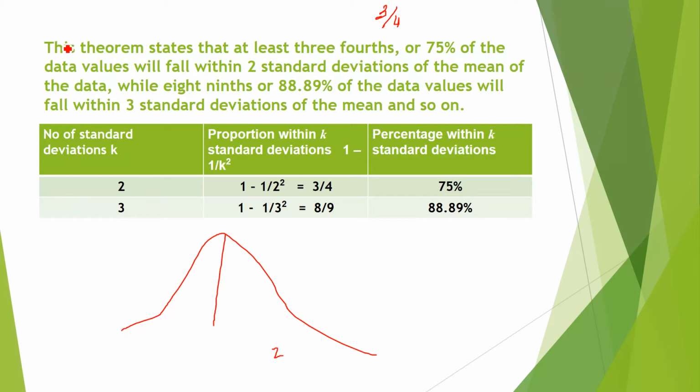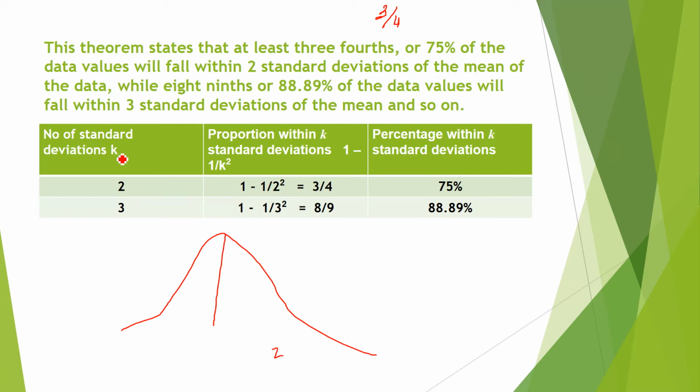I will show you how to calculate on the next slide, but keep in mind that 75% of the data values fall within 2 standard deviations of the mean of the data, while 8/9 or 88.89% of the data values will fall within 3 standard deviations of the mean, and so on.